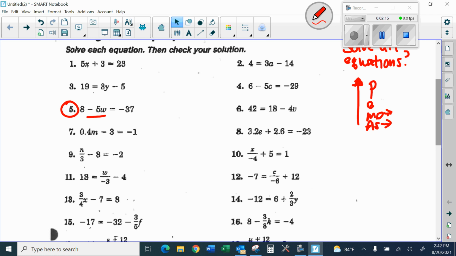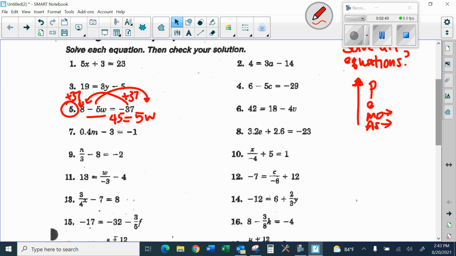It is negative. That's why I'm going to move it to the other side to make it positive. So now it's positive 5W over here, which means the constant needs to go to the other side. The opposite of negative 37 is plus 37. So now I add 37 over here. 37 plus 8 is 45.